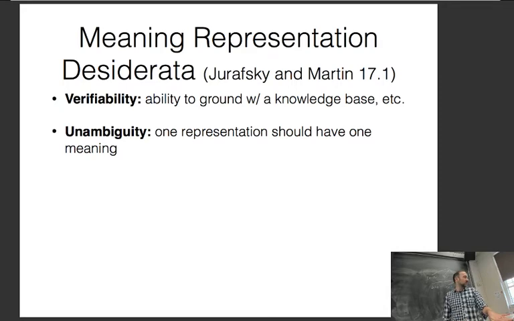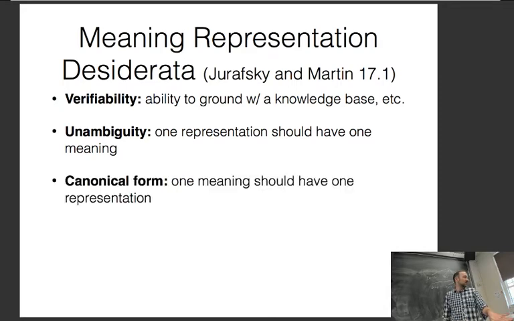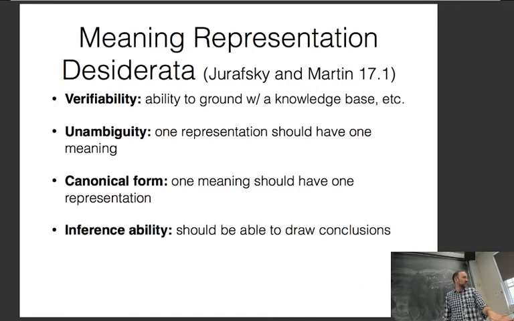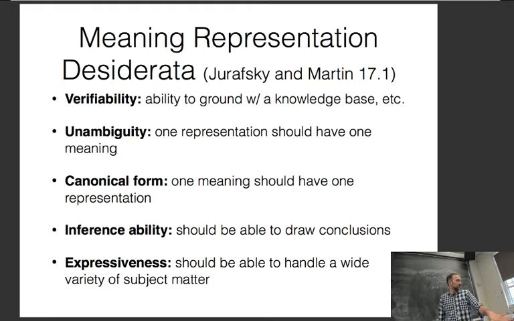Unambiguity, one representation should have one meaning. Canonical form, one meaning should have one representation. Inferenceability, you should be able to draw conclusions from this representation. And expressiveness, you should be able to handle a wide variety of subject matter with this.